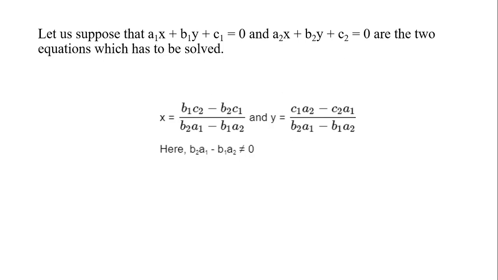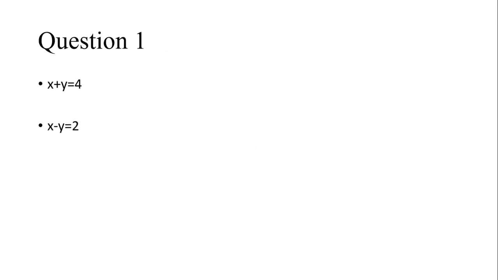If the denominator comes out to be 0, then we come up with a situation which is not defined in mathematics. Likewise, we calculate the value of y as c1 a2 minus c2 a1 divided by b2 a1 minus b1 a2. Now, as of now, it is looking like a disaster, but I'll try to simplify this, and I'll try to give you an insight which is very helpful when you solve questions.